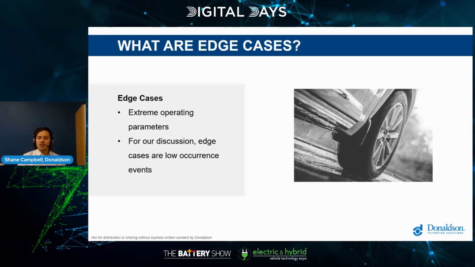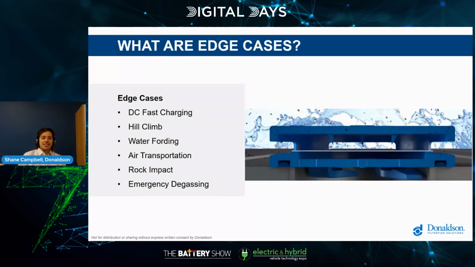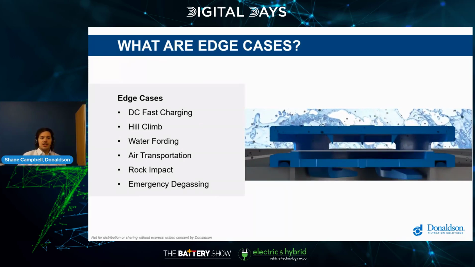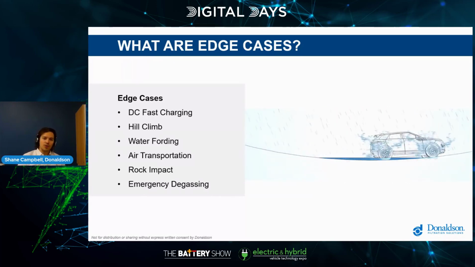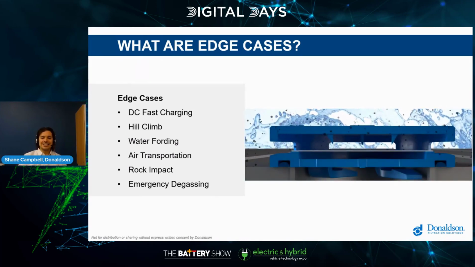They are low occurrence events that will not happen day to day, but can happen over the lifetime of your vehicle and battery pack. So today we're going to talk about six different edge cases. The first is DC fast charging, a hill climb, water fording, air transportation, rock impact, and finally emergency degassing.